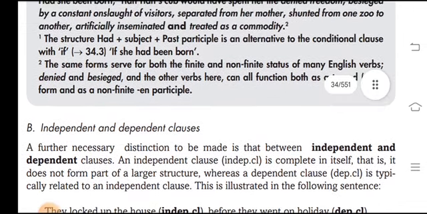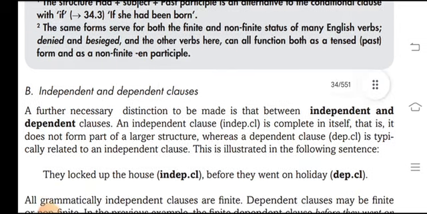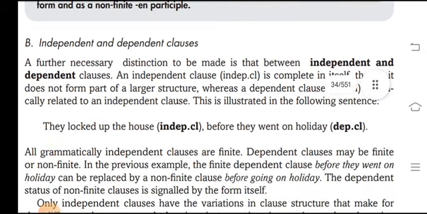The structure, head plus subject plus past participle, is the alternative to the conditional clause with it 34.3: if she had been born. The same form serves for both the defined and non-defined status of many English verbs, and the other verbs share and can fill all the functions, both as past tense forms and as non-finite participles.